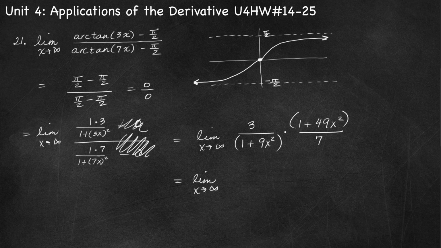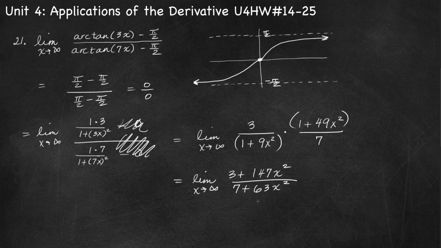These are now polynomials in our numerator and denominator, so we can kind of apply our shortcut. I've got 3 plus 49 times 3 is 147x squared over 7 plus 63x squared.